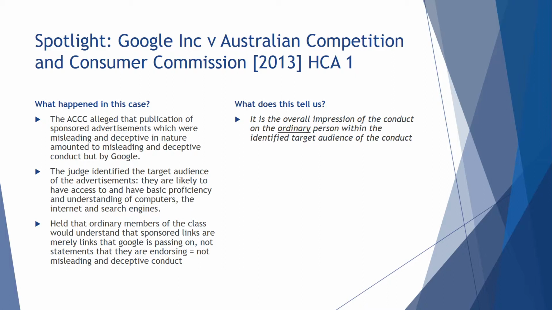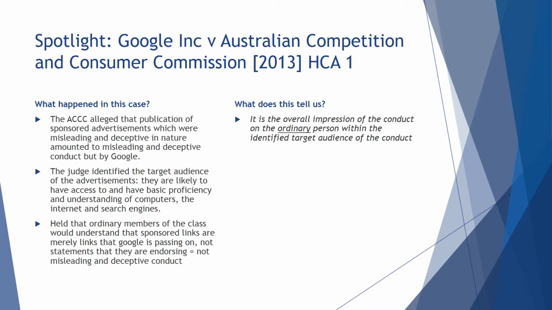So what the judge actually found was that ordinary members of that class would understand that sponsored links that are published by Google are just links that they're passing on, and they're paid to pass on. So they're not actually statements that Google is endorsing. Therefore, from the perspective of Google, they couldn't be found to be misleading and deceptive.